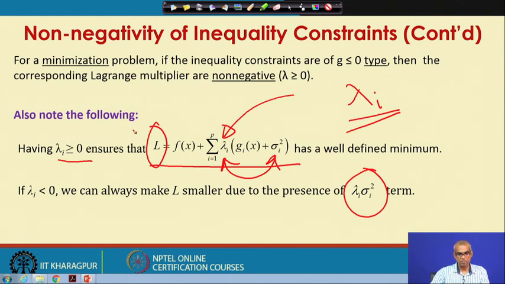So, for the minimization problem, we have to take non-negative lambda, that is, lambda greater or equal to 0.